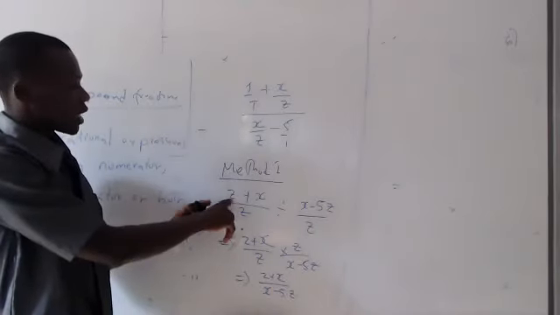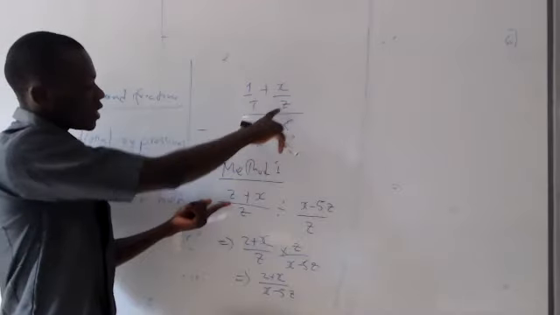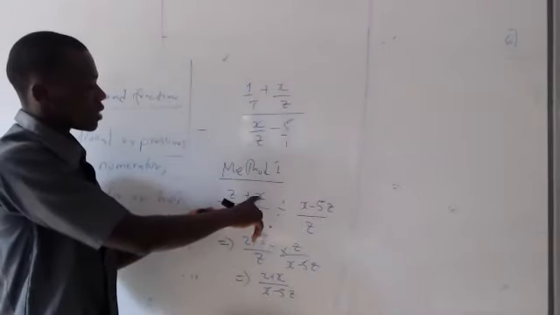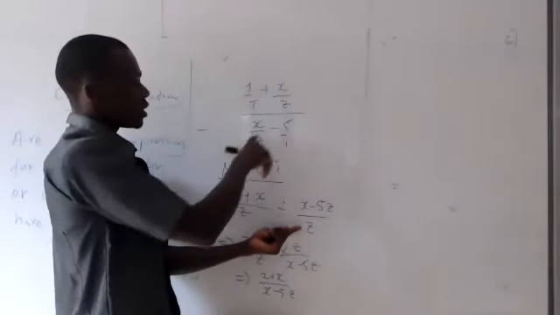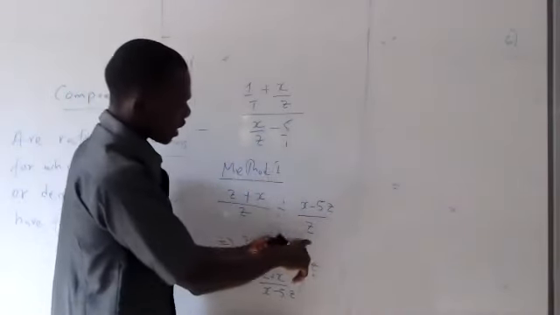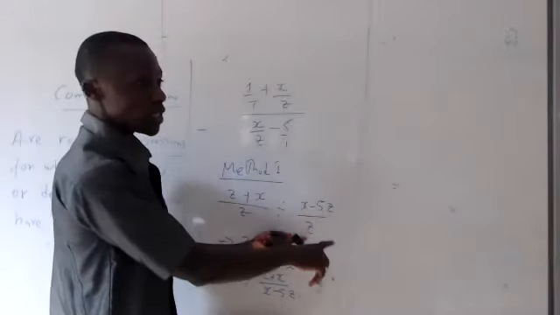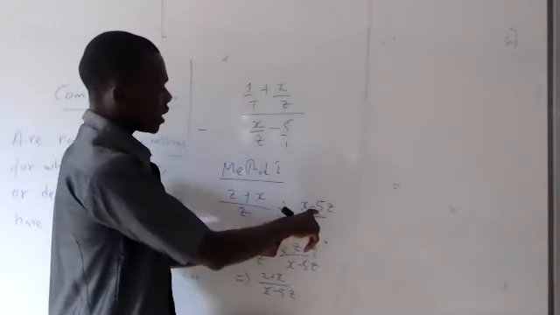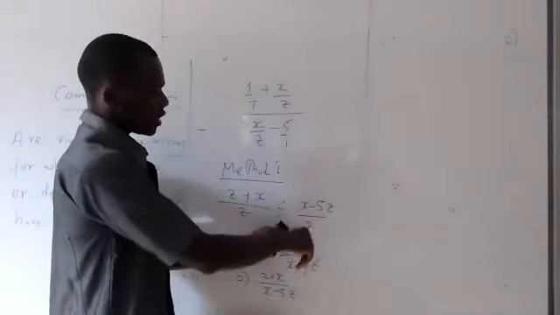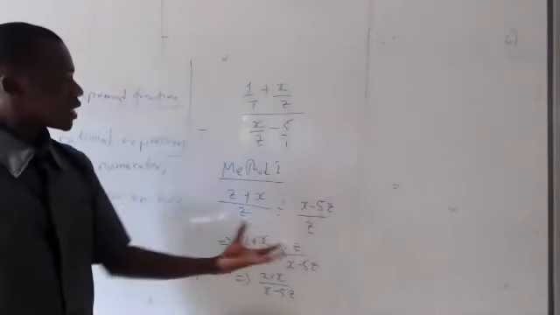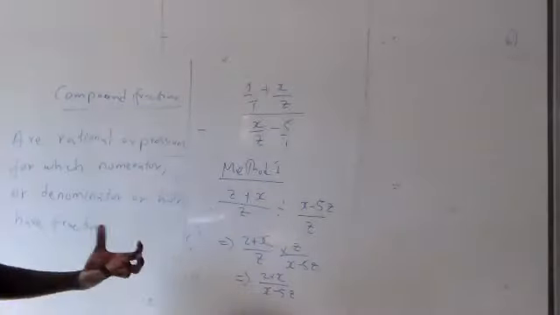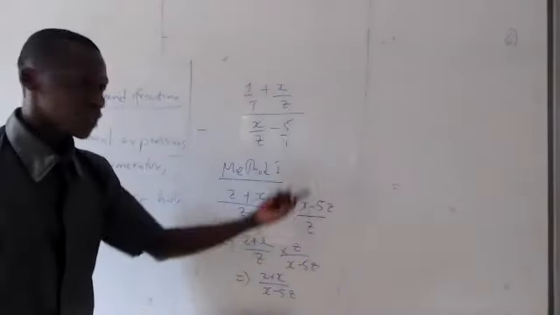So z times 1 is z, and then z divides z once. So 1 times x is x. We are dividing by what is in the denominator, which is z. So the LCM here is z again. Z divides z once, so 1 times x is x, minus, so this 1 divides z times, so z times 5 is 5z.